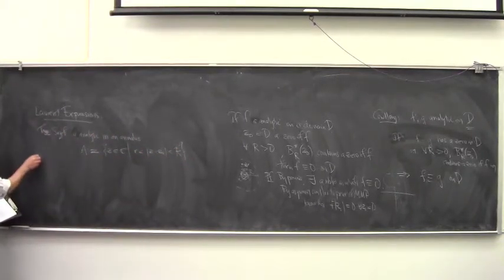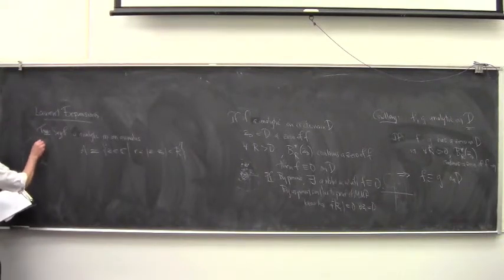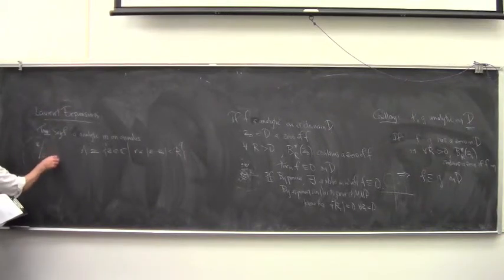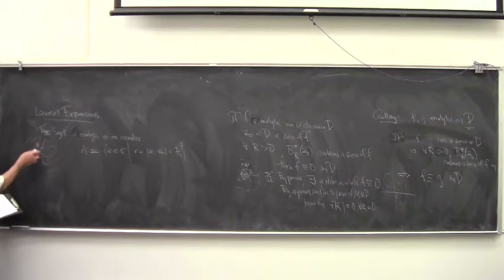So you have some point z naught, and you have some annulus around that thing, with radius little r and radius capital R, and you know that the function is analytic on the annulus, but maybe it's not analytic on the inside, and it's not analytic on the outside.